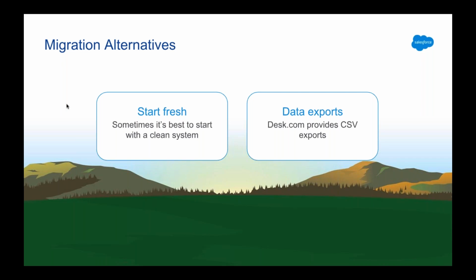But if you're not quite comfortable with doing that, then maybe you just want your data exported. Desk can provide you with a full export of all of your Desk data in CSV format, and we'll be happy to provide that for you. It may actually be necessary for your data migration, but if you want to just store it somewhere safe, then you can just get a full copy of Desk.